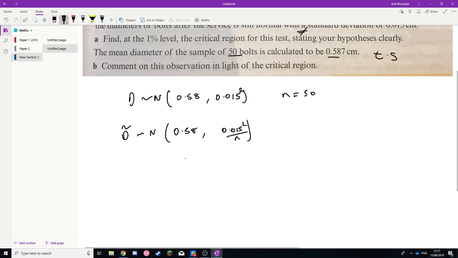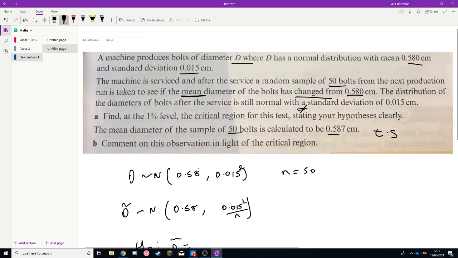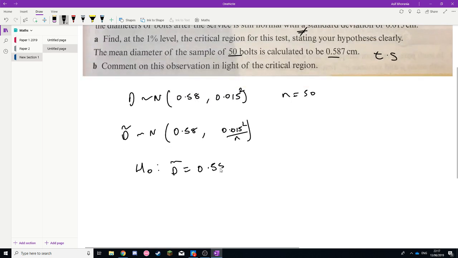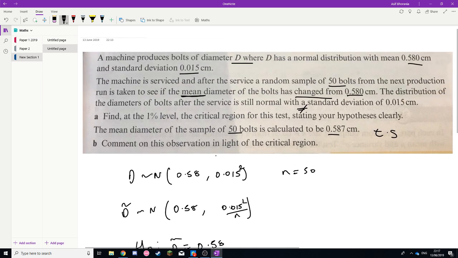So this is a two-tailed test with H naught being that the sample mean is equal to 0.58, and the alternative hypothesis is that the sample mean is not 0.58. In essence, we have a two-tailed test. Significance needs to be halved, keep that in mind.